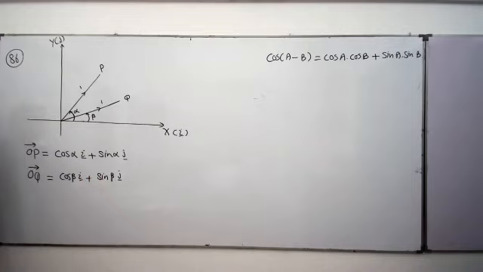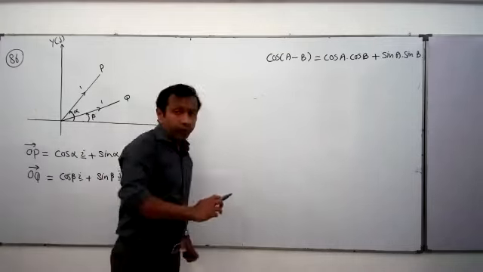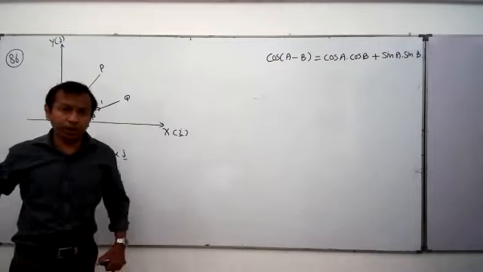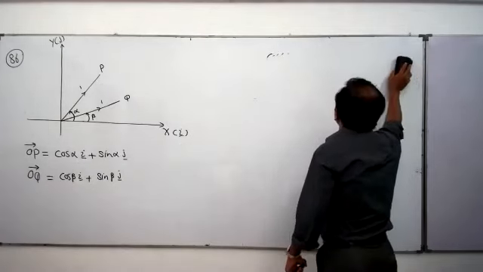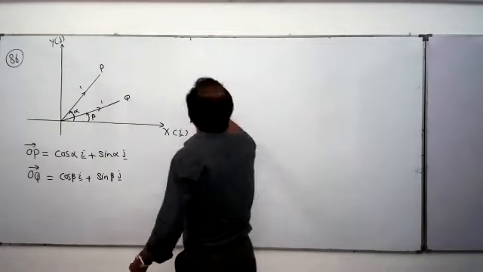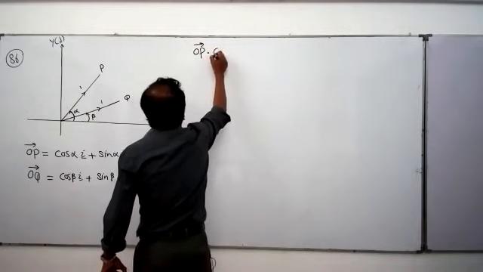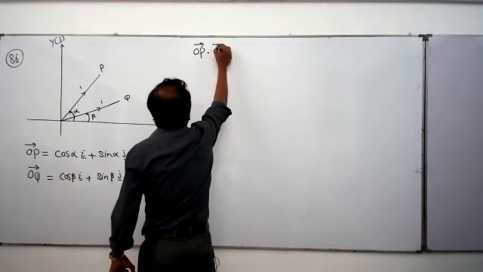Right. Now what we do, people, is take the dot product between the vectors OP and OQ. OP vector dot OQ vector. People, how to define this OP dot OQ?